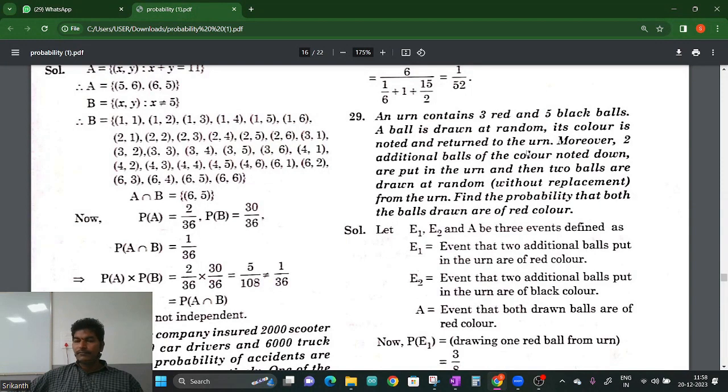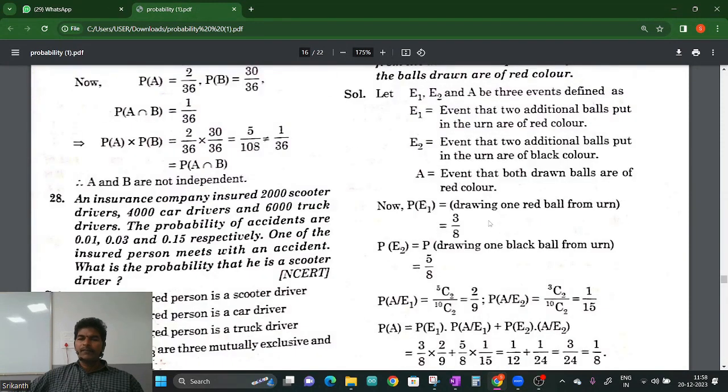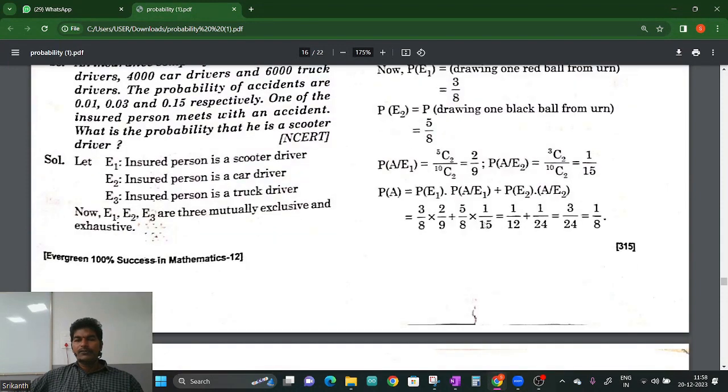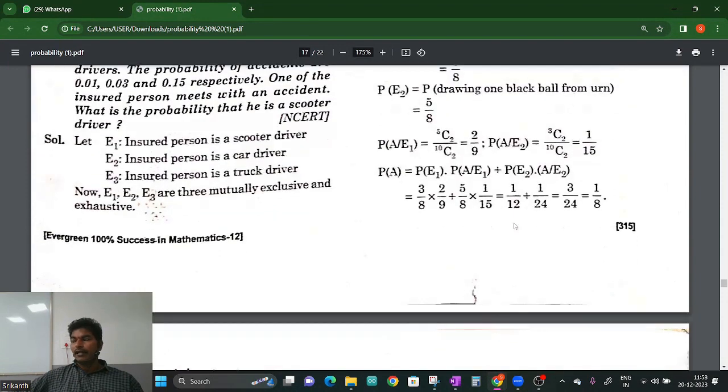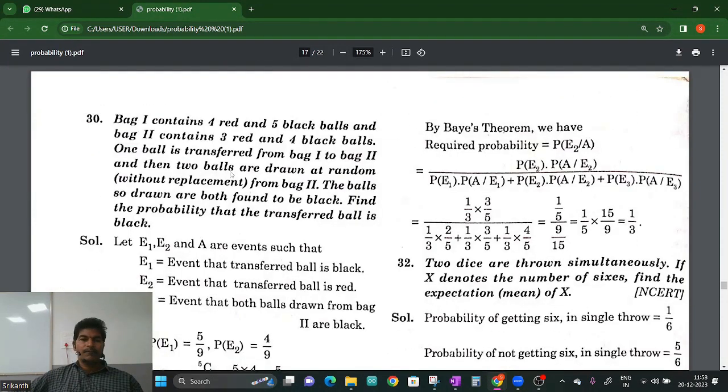What is the color? We don't know. Okay, this is first attempt. Moreover, 2 additional balls of the same color noted are put in the urn. 2 balls are drawn at random without replacement from the urn. Find the probability both balls drawn are red. This is the same question. I send this document to you. Try this question. Okay, we have already done this kind of model question.